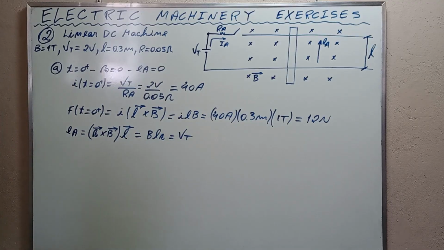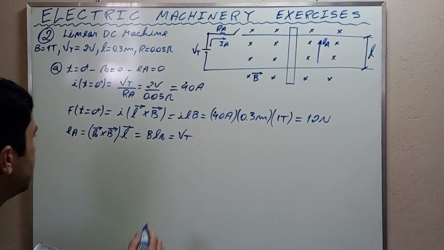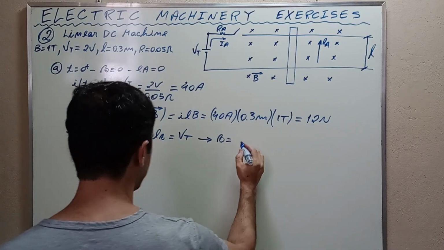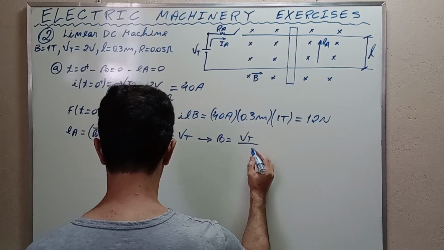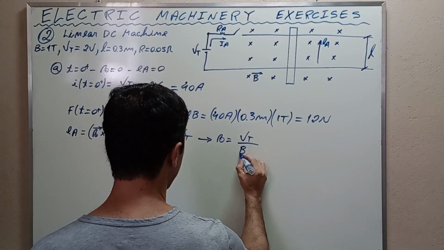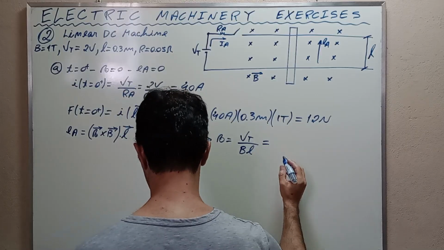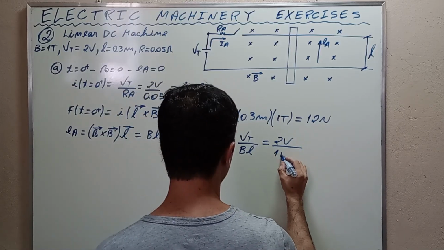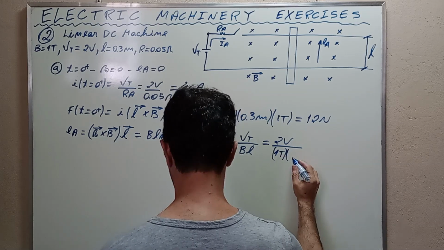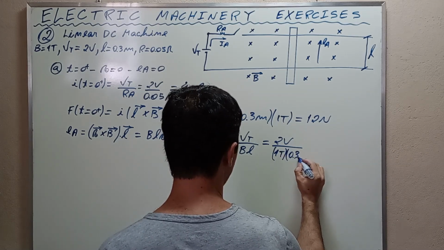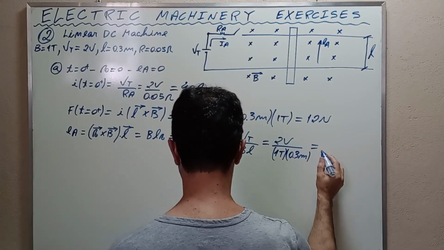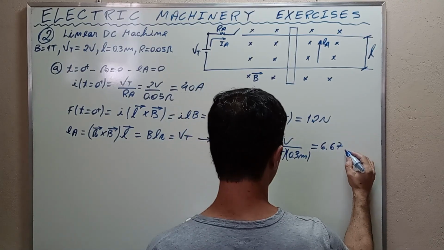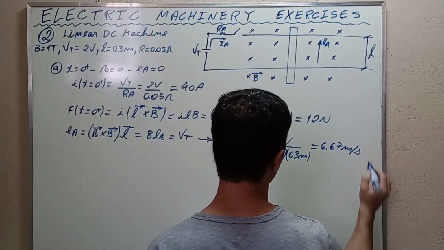And solving for the velocity, V is going to be equal to VT over BL, and this is equal to 2 volts divided by 1 Tesla times 0.3 meters, and this is equal to 6.67 meters per second.